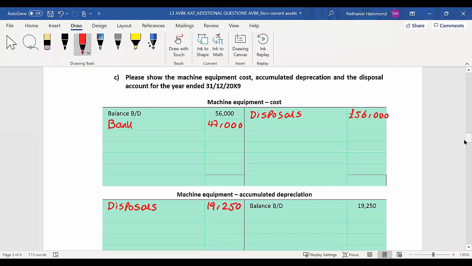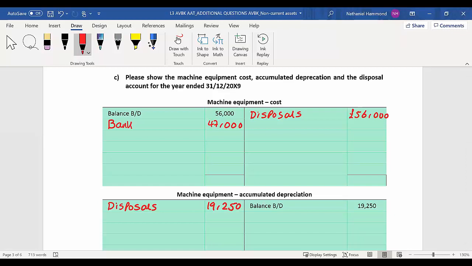So now we've got the part exchange allowance. Again, let's strip it down into its simplest form. We need to make sure that value is included in the cost account of the new asset. So in that instance, we know we aren't paying all this on a single entry.